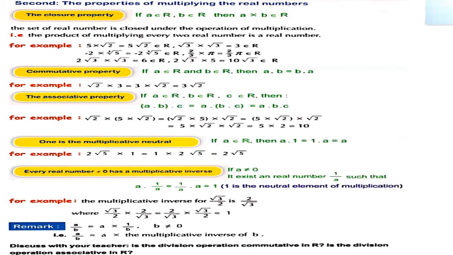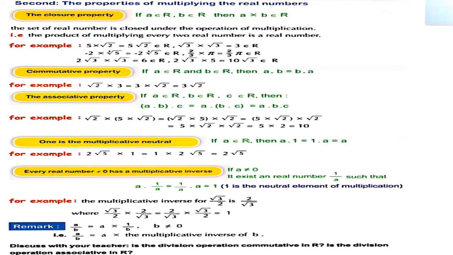Property number 1, the same as the property of addition. The closure property: if a belongs to R and b belongs to R, then a times b belongs to R. Commutative property: a times b equals b times a. For example, square root 2 times 3 is the same as 3 times square root 2, equals 3 square root 2.